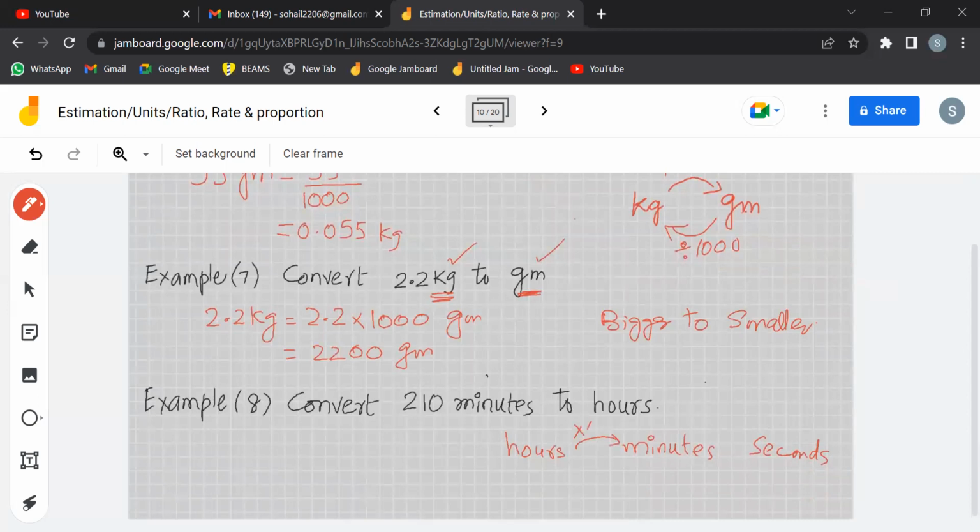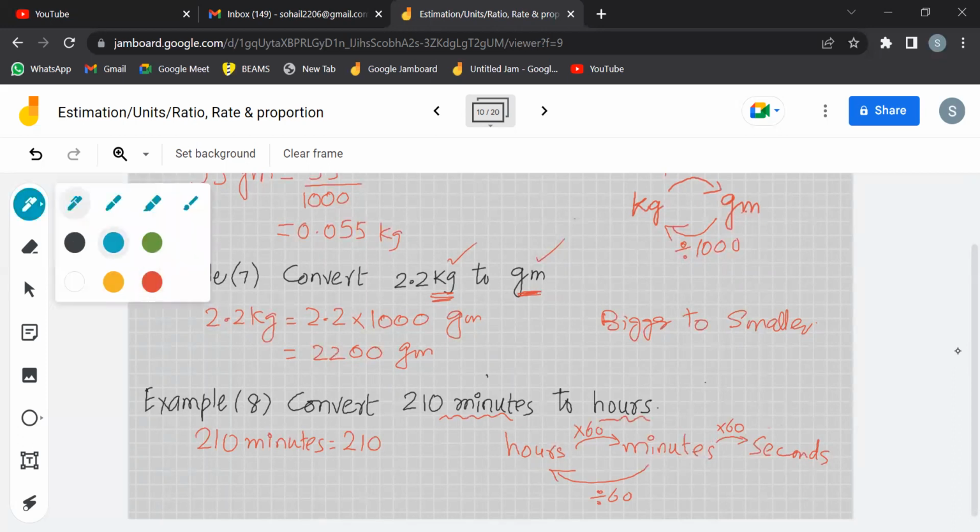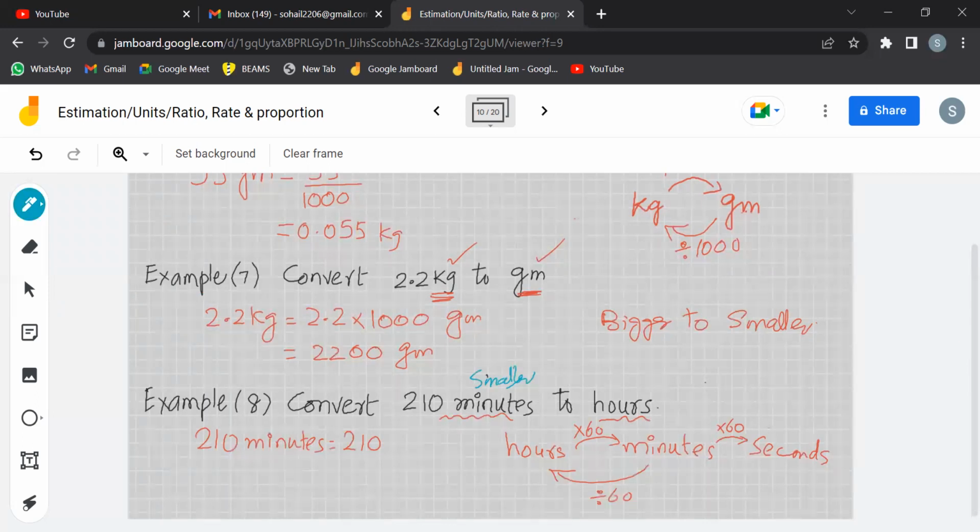Hours to minutes we know is multiplied by 60. From minutes to seconds we multiply by 60. And from minutes to hours, reverse, divide by 60. So 210, which is in minutes, is equal to 210 divided by 60. From minutes to hours means minute is smaller and this is bigger.